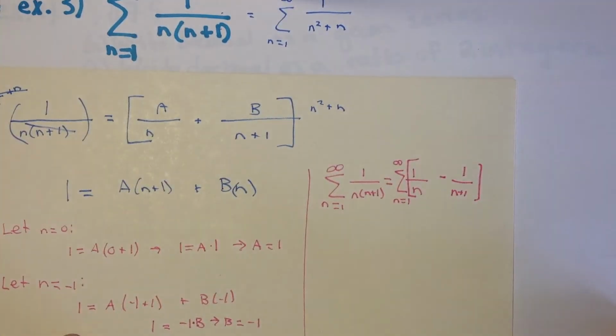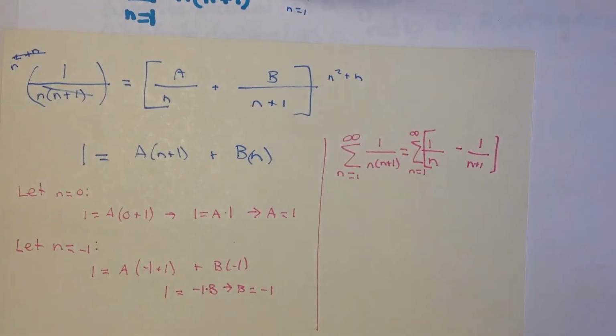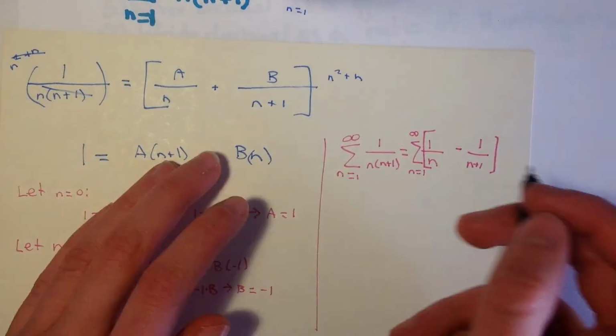So now the way that I'm going to solve this is actually by extending this out, and I'm not going to extend it out to infinity, obviously, because that would take way too long. So I'm just going to show a sample of what this would look like, and this is going to provide us with our answer.